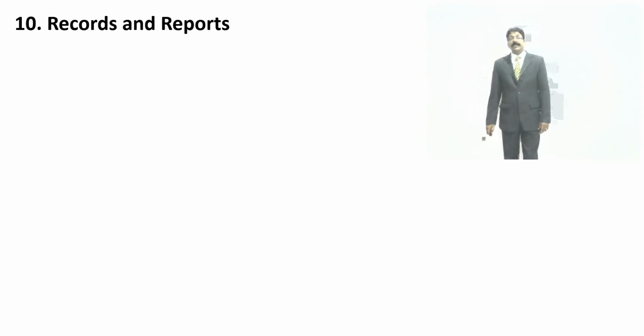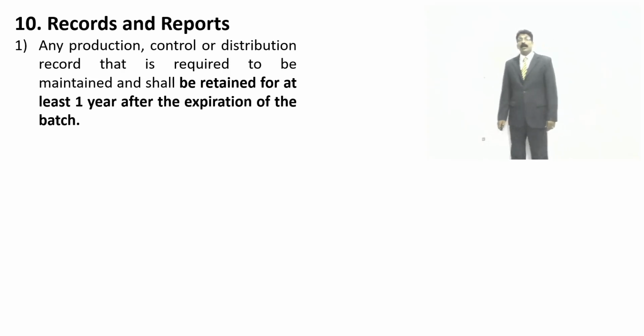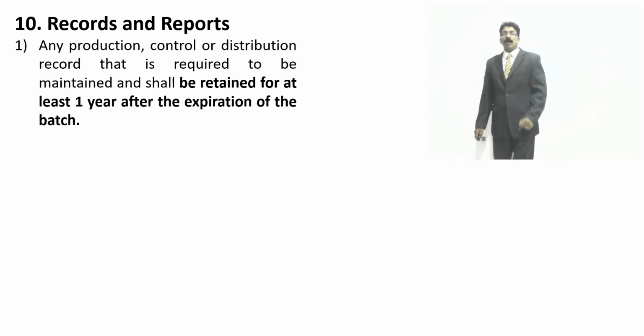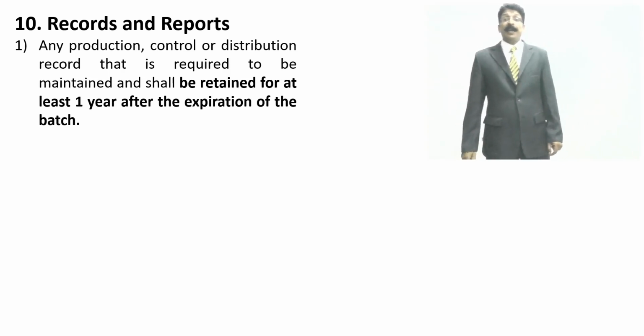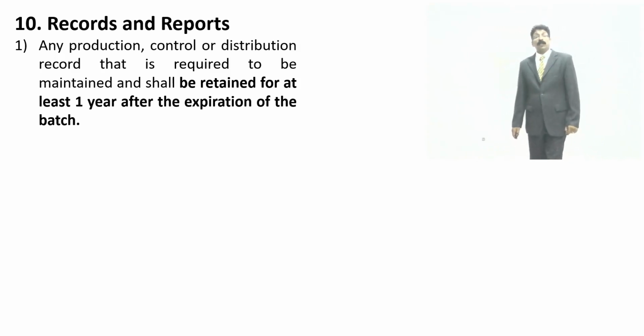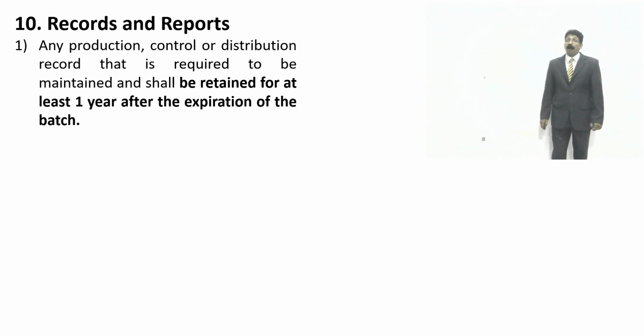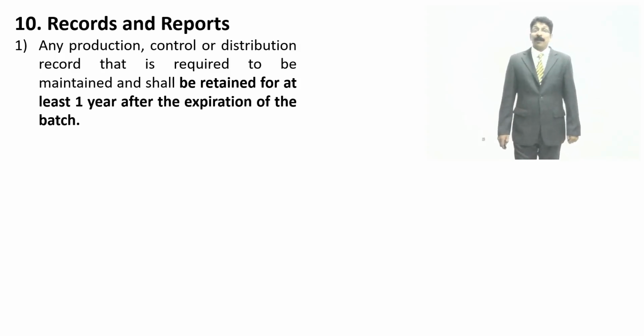Now the 10th one is records and reports. Usually we can do it by computers, but written records should be maintained. Physical records have to be maintained for at least 1 year after the expiry date of the batch. Understand, if the expiry is 3 years, you have to keep the manufacturing records for at least 4 years.